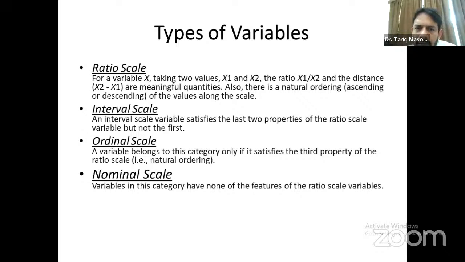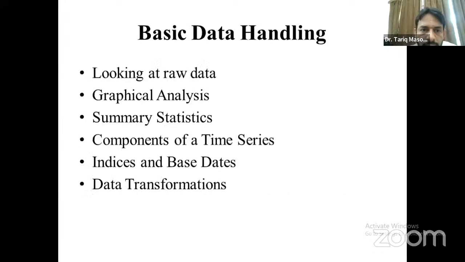There may be more than two categories in case of gender, but there is no meaning of ratio, distance, or ordering. There are a number of other examples where there is no ordering, like caste.